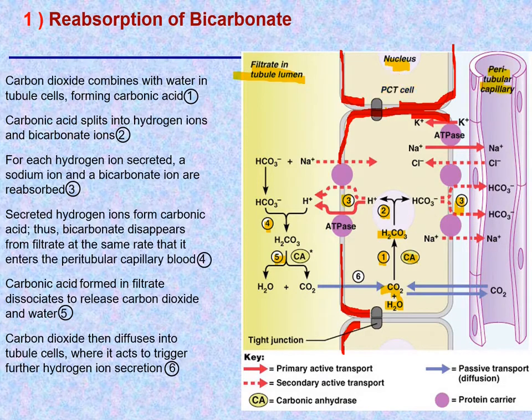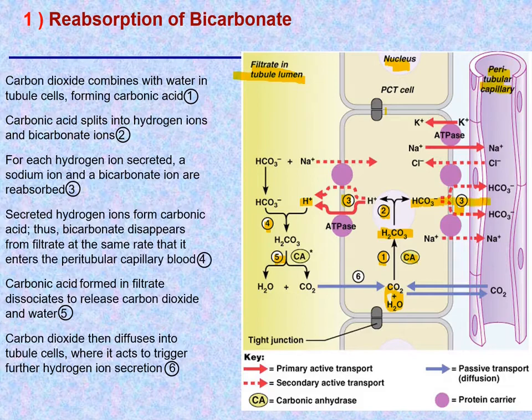Remember, we're looking at the reabsorption of bicarbonate, which is physiologically the equivalent, as you can see, to losing a hydrogen ion. How this occurs is that inside these cells in the proximal convoluted tubule, you have formation from CO2 and water of carbonic acid, which dissociates into bicarb that gets reabsorbed, crossing into the body, into the bloodstream.